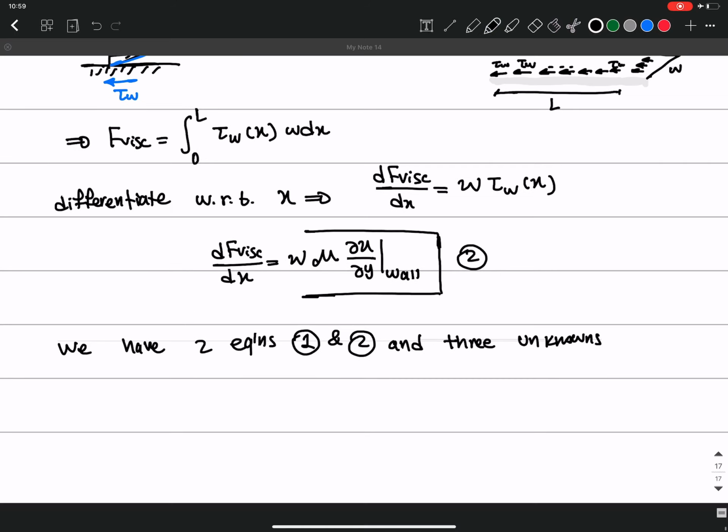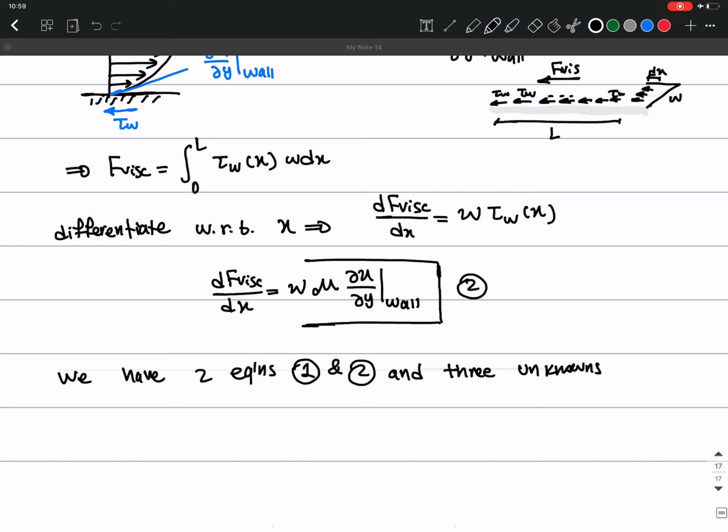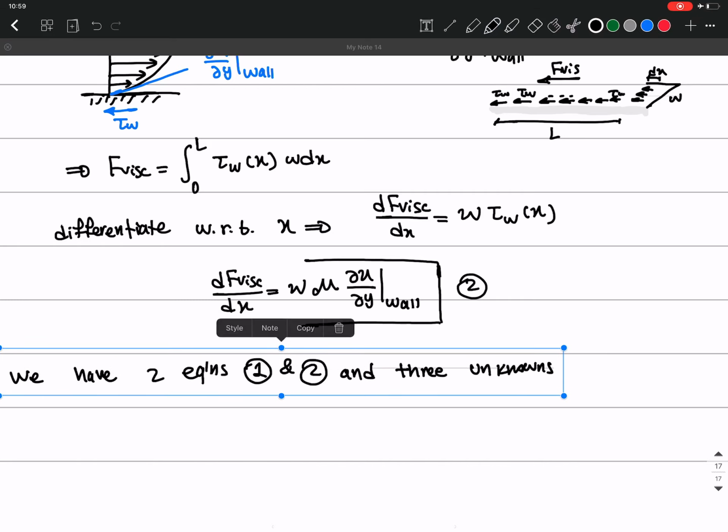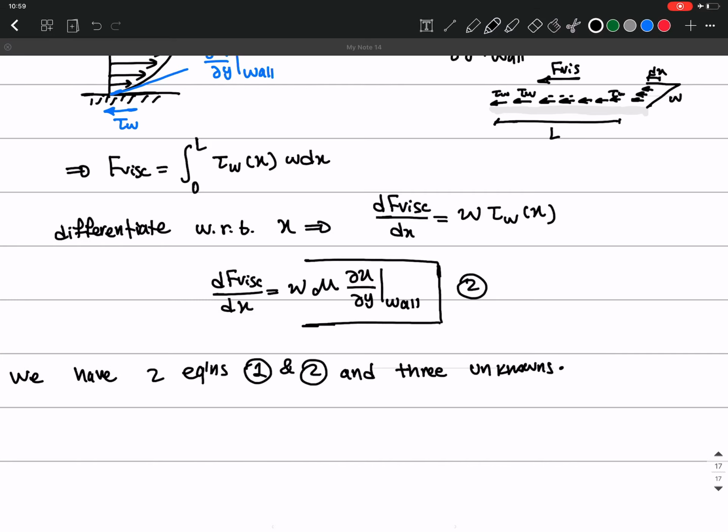Which are what? Which are F viscosity, Uy, and delta. So these are the things we don't know. So we still need one more equation, but we don't have it.